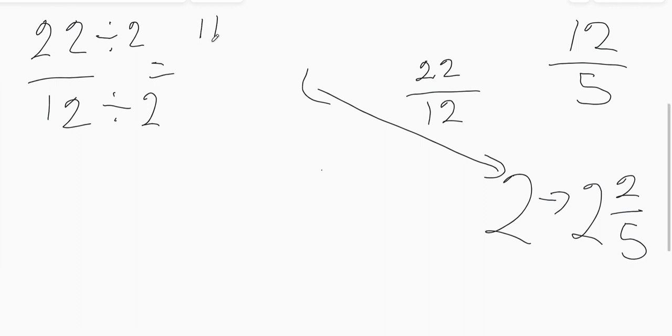So half of 22 is 11. Half of 12 is 6. Now another way you can do this, and I'm going to do it on both sides so that you understand it, is that if there's one 12 over 12 out of this, so if you took 22 minus 12, you would get 10, right?